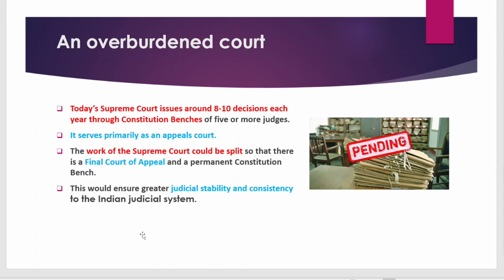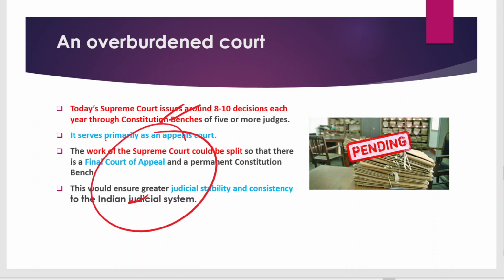When we talk about constitutional cases, today the Supreme Court issues around 8 to 10 decisions each year through constitutional benches of 5 or more judges. If we are able to split the work of the Supreme Court into a constitutional bench and a final court of appeal, it will ensure greater judicial stability and consistency in the Indian judicial system.